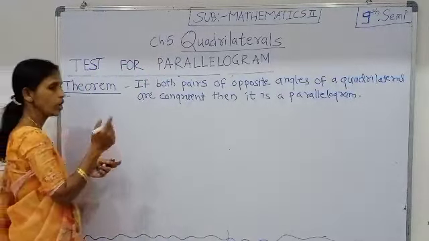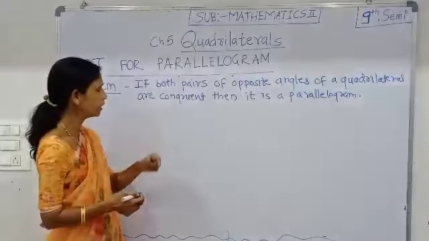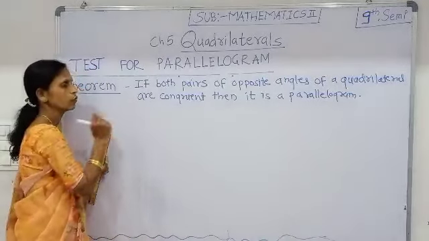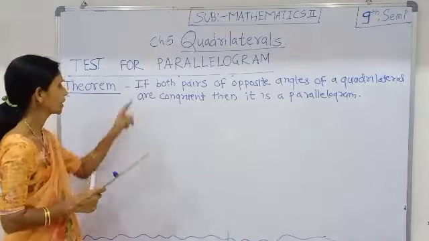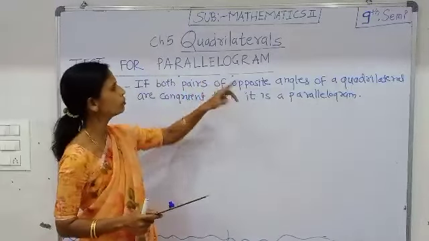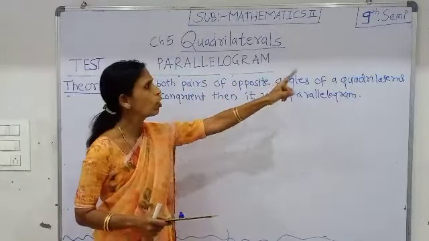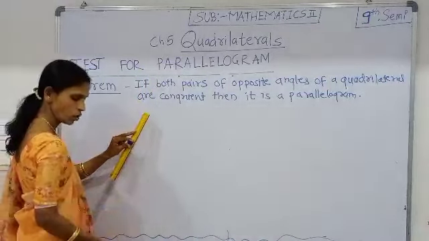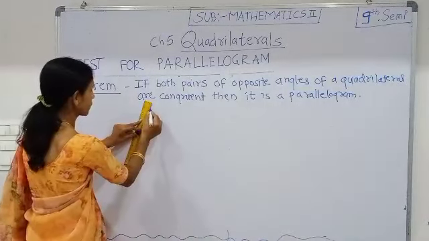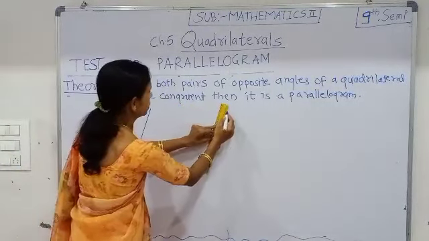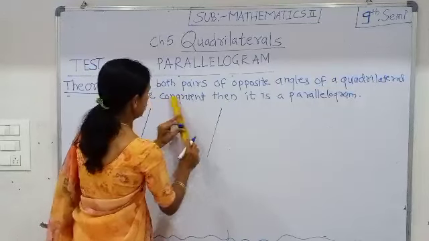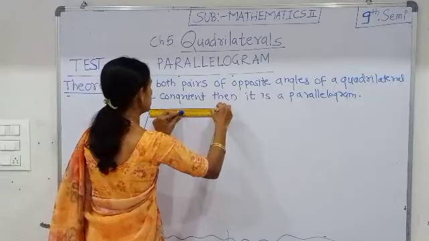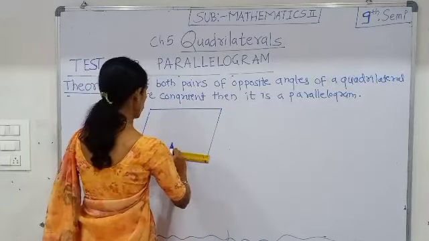We have to remind this property again, and draw the figure for it to prove this property. If both pairs of opposite angles of a quadrilateral are congruent, then we have to draw the quadrilateral in which the opposite pairs of angles are congruent, which is given here.